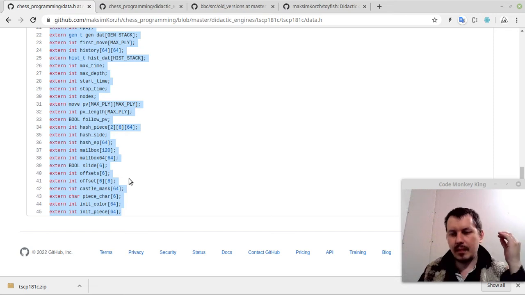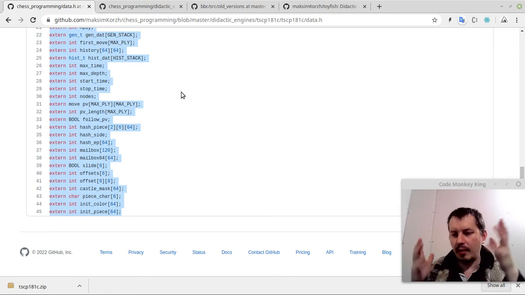If you're not going for multi-threading in your chess engine, and if you're writing a didactic chess engine, then definitely you're not going for multi-threading. In this case, having data structures, structs, or even classes, like in C++, like in Stockfish, does not make any sense at all, because that just complicates the code. It complicates referencing those structures, and it doesn't help the user or beginner or programmer who tries to read this to understand how it works.